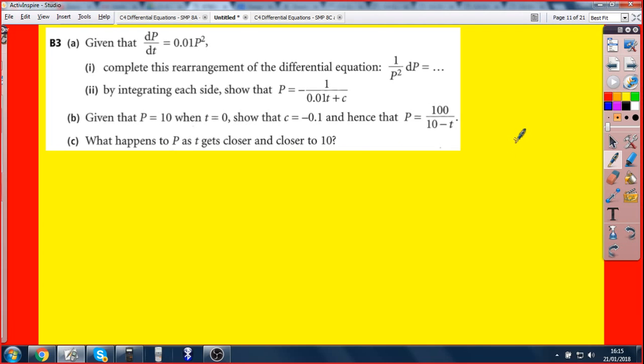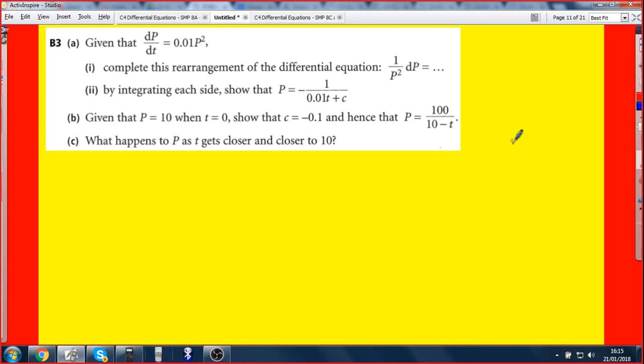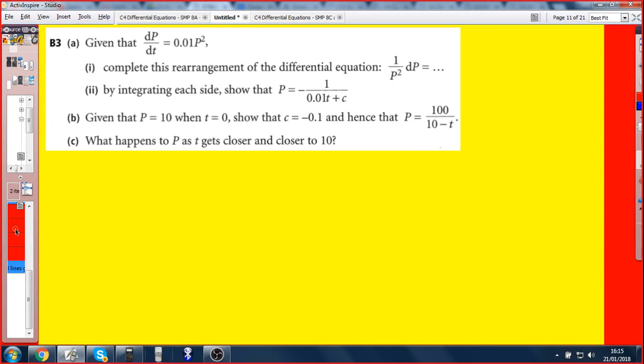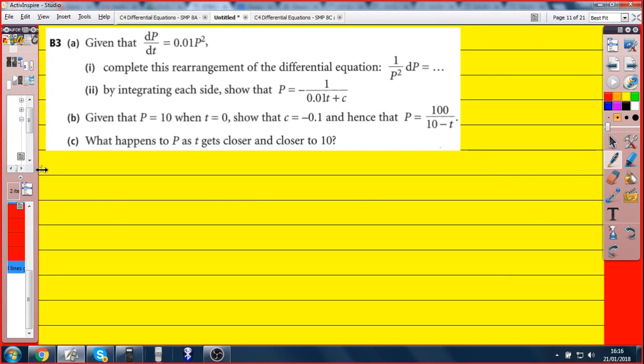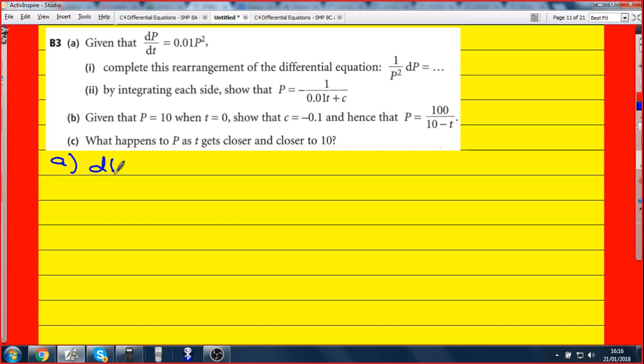Now I've got squared. No, that's only if it's 1 over p.